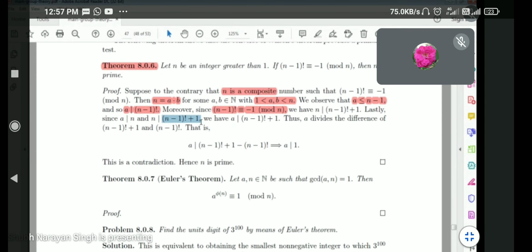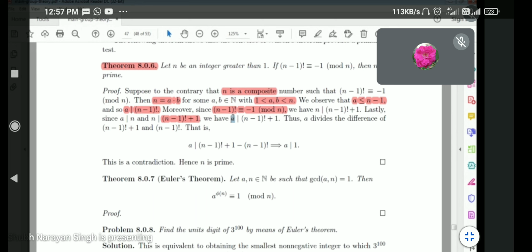So by the transitive relation we can say that a must divide (n minus 1)! plus 1. So a divides (n minus 1)!, and we also get that a divides (n minus 1)! plus 1.